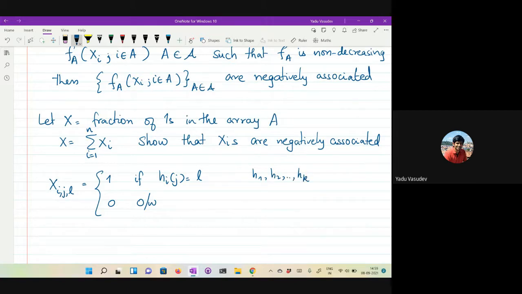So x i comma j comma l is 1 if h_i of j is equal to l. So when you get j, the ith hash function maps j to the lth bit of the array A. That's what this is. It's 1 if that is the case and 0 otherwise. Any questions so far?